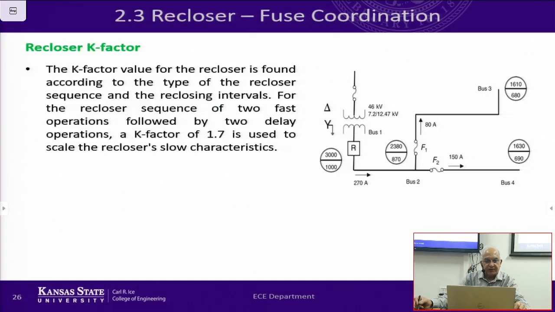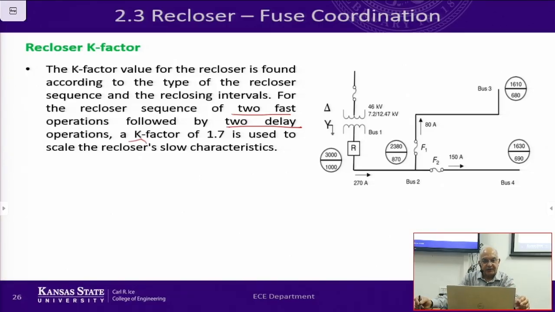We are considering two fast and two slow operations. So we go back to the table that was given to us by the manufacturer. They say we need to multiply the slow characteristic by a factor of 1.7.